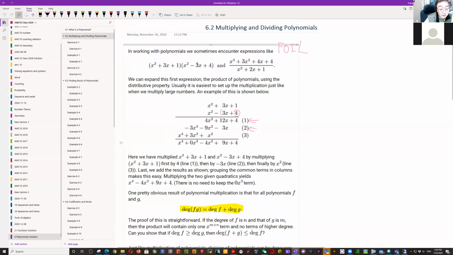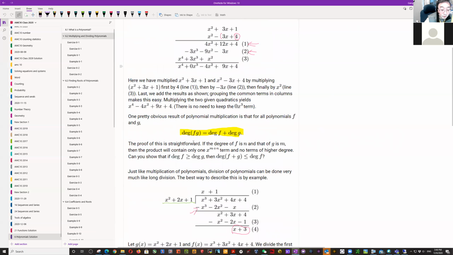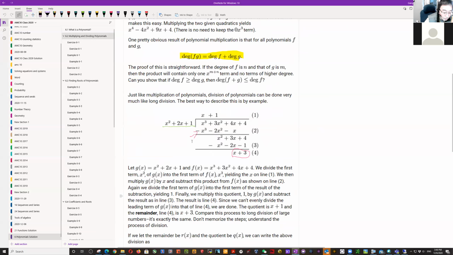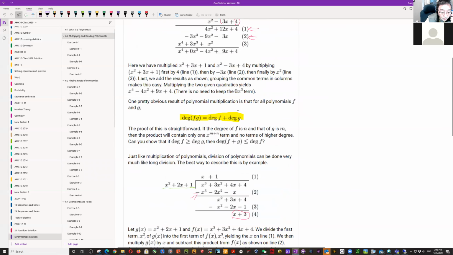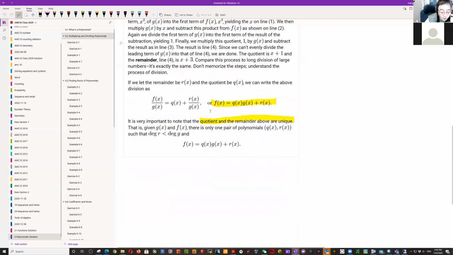Then division, generically, is that the remainder will be of a lower degree than the divisor. So the remainder's power will be less than G if you divide by G. So basically that's the remainder degree.